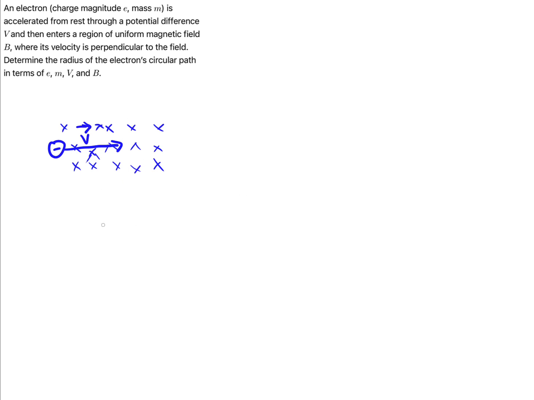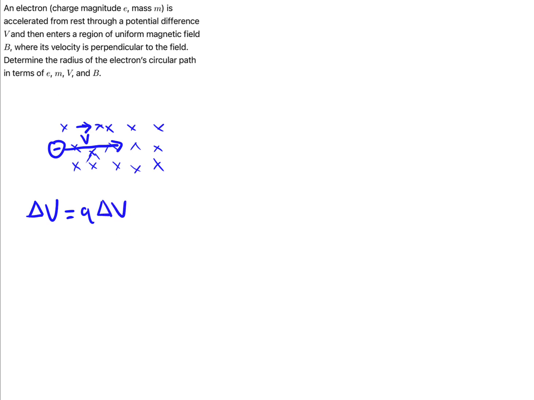So let's start by figuring out what speed this electron gains after it accelerates. We know that the change in electric potential energy of the electron is equal to the charge Q times the potential difference.